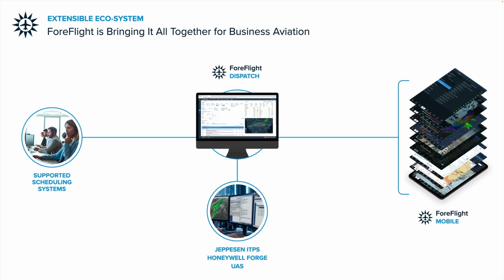This is a good representation of the entire ForeFlight ecosystem, which is centered on ForeFlight Dispatch. On the left there, you can see we have supported scheduling systems, feeding flight plans into Dispatch where flight planners can work on them. At the bottom, we have the trip support integrations that Dispatch supports, and so these allow your team to work side by side with approved personnel from your trip support provider of choice, if it's one of those three, and work on flight plans.